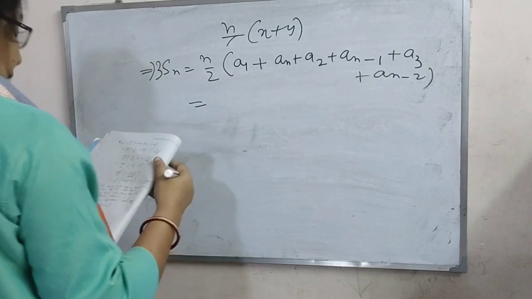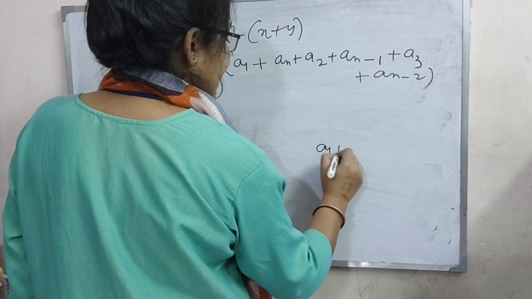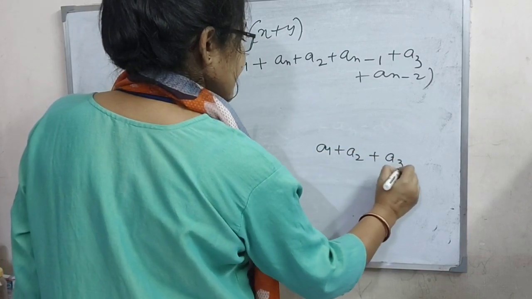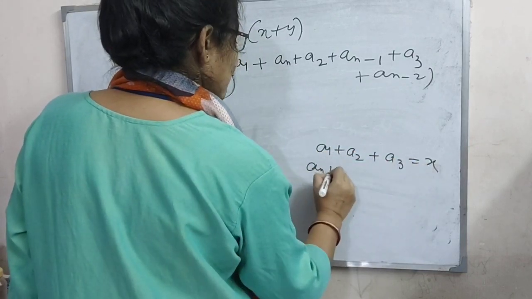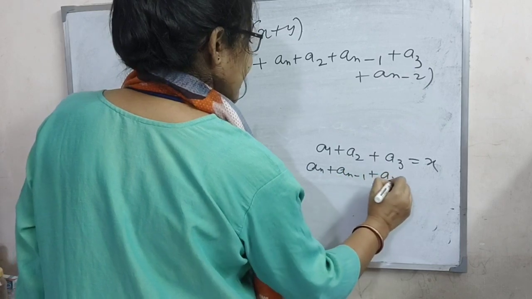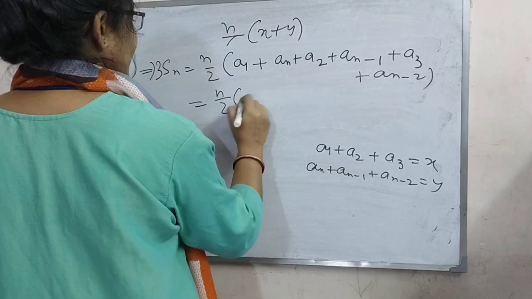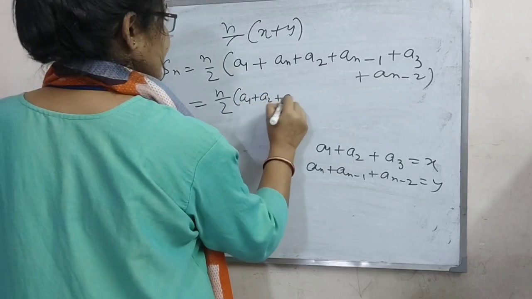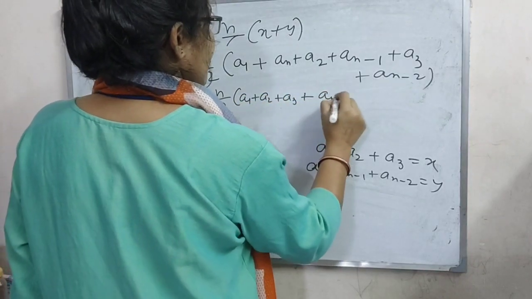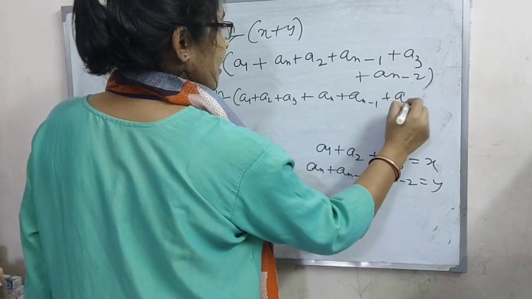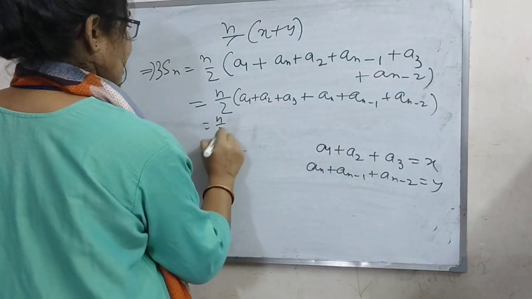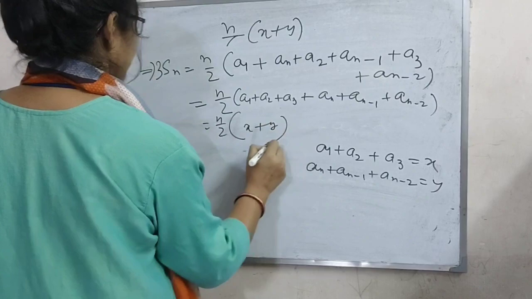If the sum of the first 3 terms is x, that means a1 plus a2 plus a3 equals x, and an plus an minus 1 plus an minus 2 equals y, it is given. So n by 2 into a1 plus a2 plus a3 plus an plus an minus 1 plus an minus 2 equals n by 2 into x plus y.